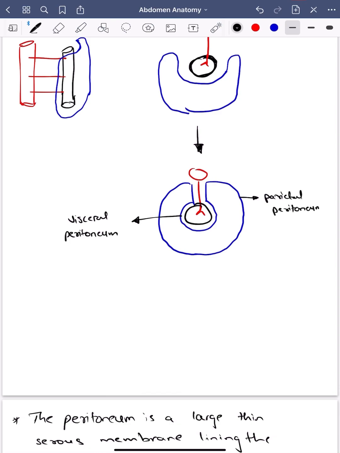And you see the peritoneum folds on itself to form this double layered membrane, and the function of this double layer membrane is to provide a passageway for the vessels supplying an organ, and this double layer membrane is called the mesentery. Okay, so this is the basics of the peritoneum. I'll just read through the notes.